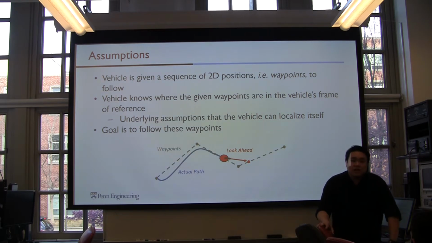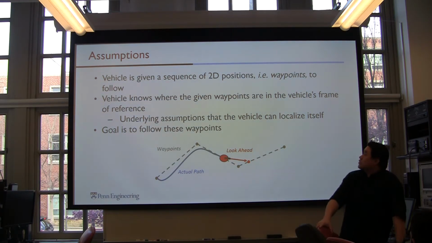So before we start, we're going to make a few assumptions. The first one is the vehicle is given a sequence of 2D positions, or as we call them, waypoints, in the map that you want to follow. The second one is that the vehicle knows where the given waypoints are in its own frame of reference.